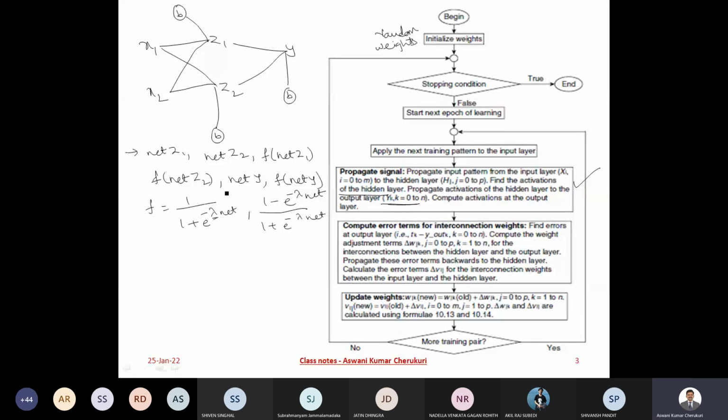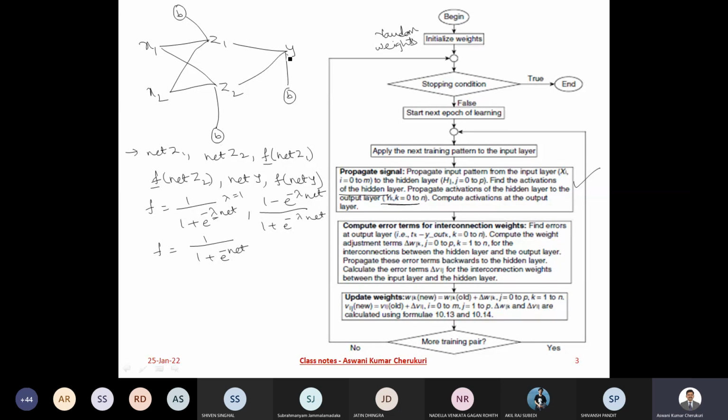And remember, take lambda equal to 1. So f becomes 1 by 1 plus e power minus net. That's how you are going to calculate f. So you apply the activation function f of net z1, f of net z2, then f of net y.